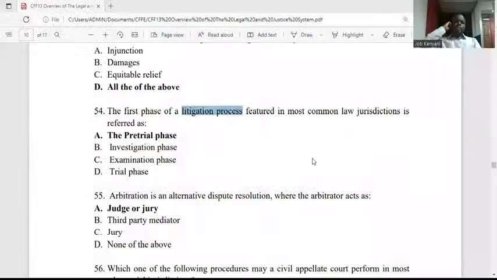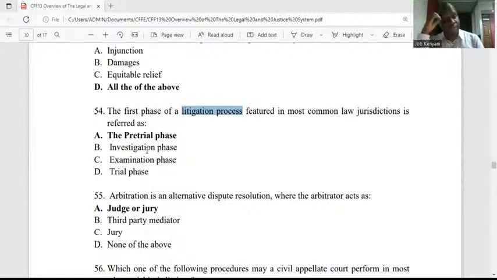I've shared the documents. So that was the question. Under common law, this one will be the first one. Under civil law, they are likely to start with the investigation phase.